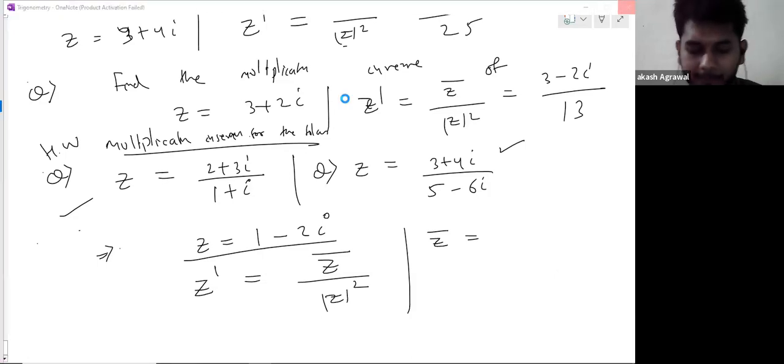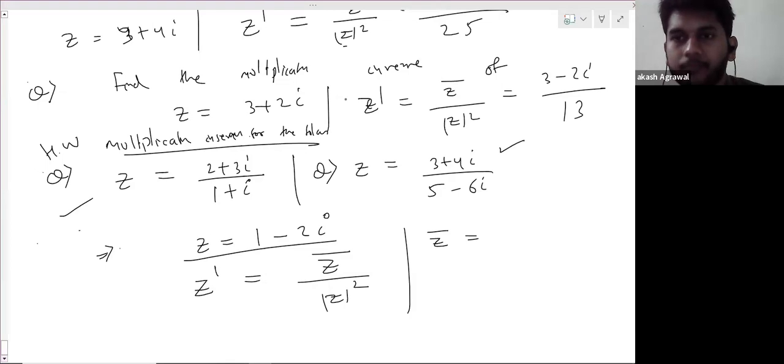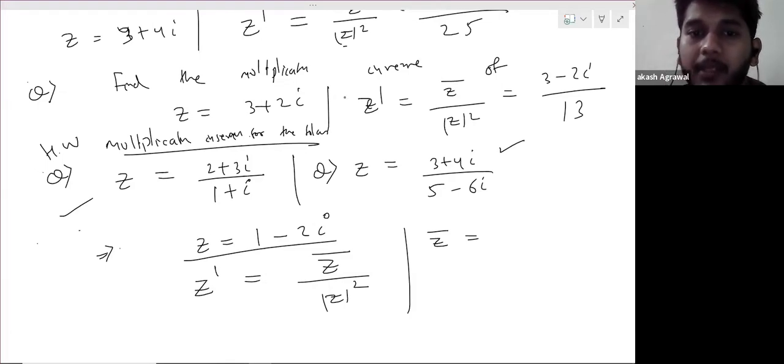It is 1 plus 2i, right? The question is 1 minus 2i, so 1 plus 2i. Now what is mod z?